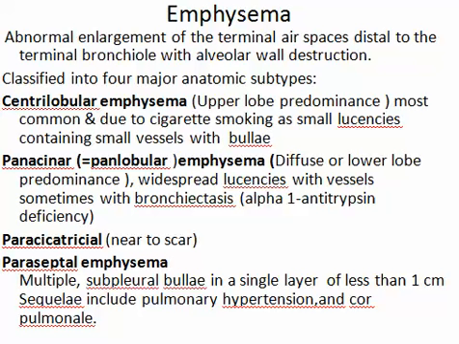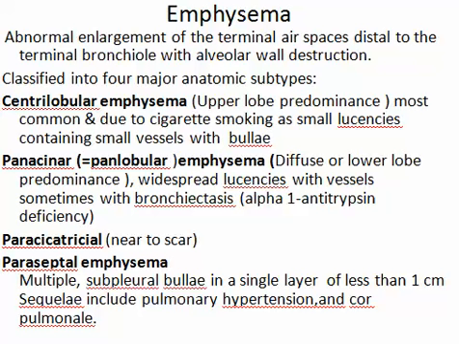So what we are usually seeing is the pan-acinar or the pan-lobular emphysema, which is diffuse with lower lobe predominance, associated with the bronchiectasis. The centrilobular is related to smokers and it's upper lobar.